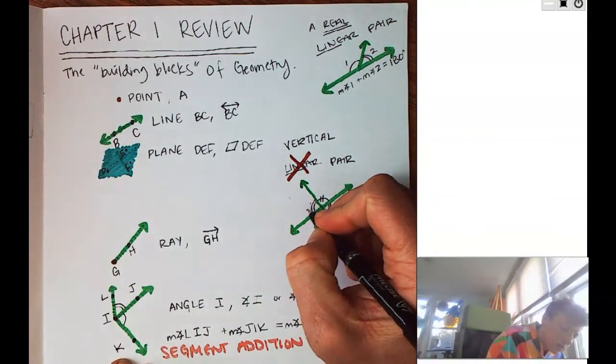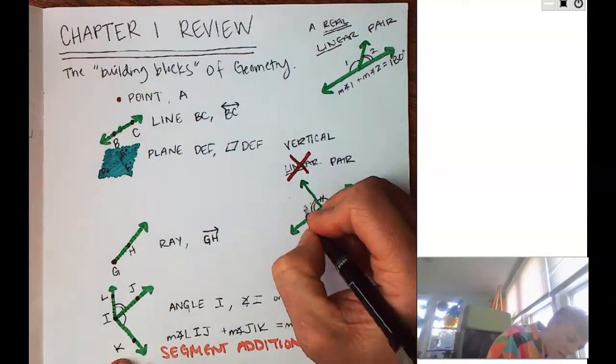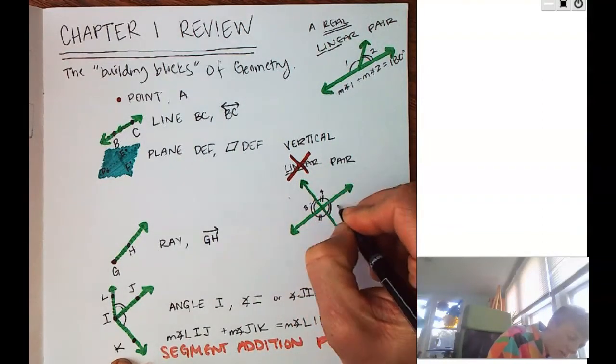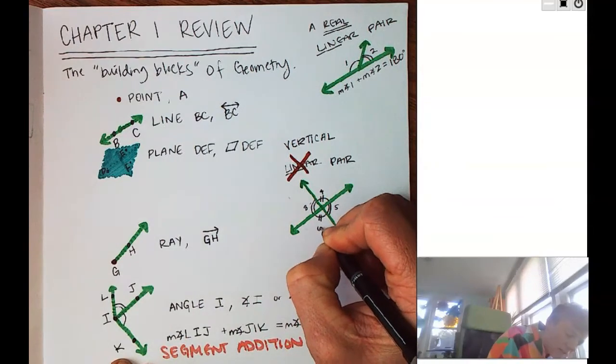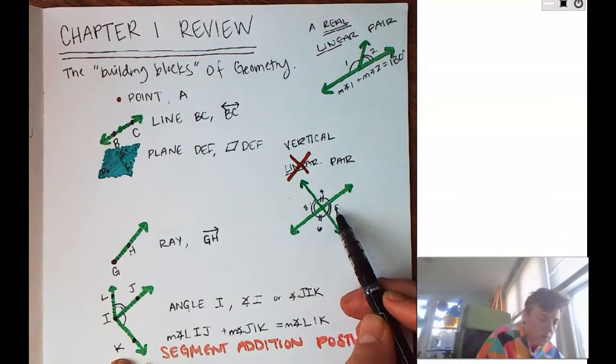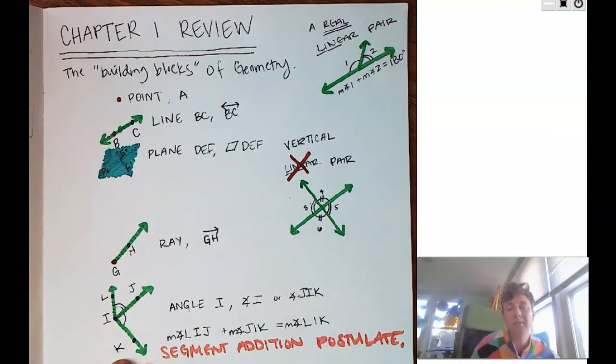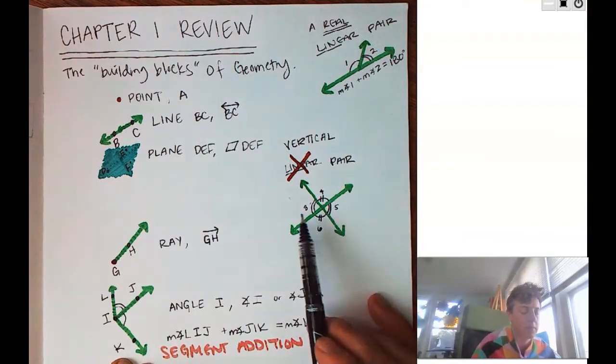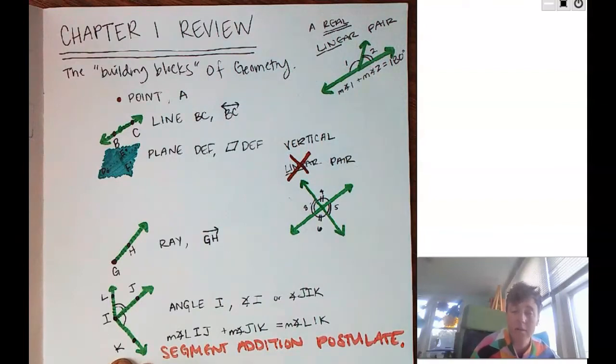So call that one 3 and 4 and 5 and 6. There are 4 pairs of linear pairs from this picture. There are 2 pairs of vertical pairs from this picture. Pretty cool stuff, huh? Geometry is the bomb.